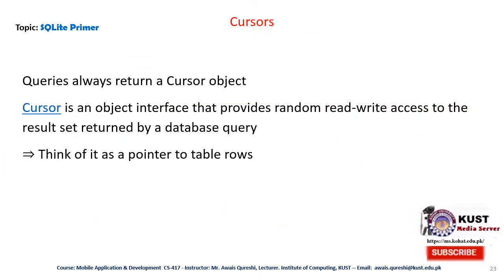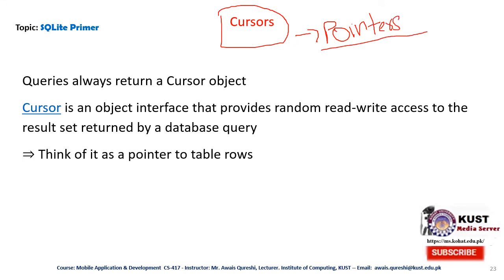So what are cursors? Cursor is a very important feature in SQL. They are just like pointers, and we can use cursors to access individual rows. They are used to access individual rows, one by one.